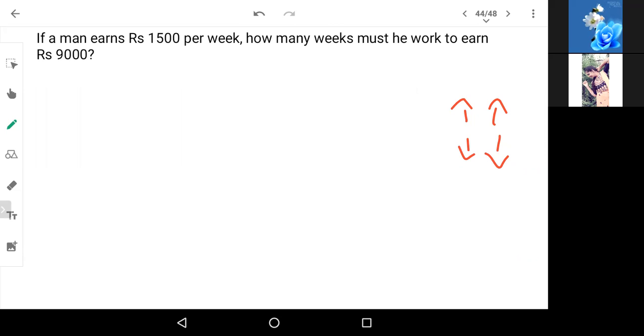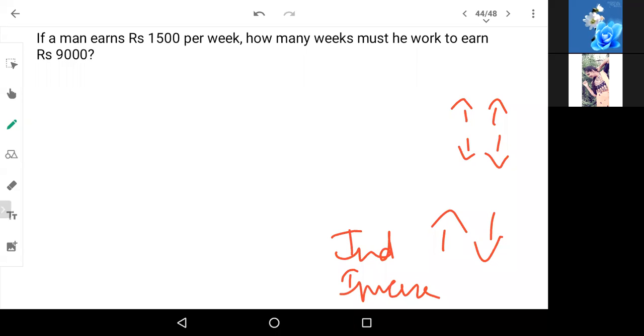Rida, it's not indirect. It is a direct proportion. Ravi and Bindu, your answers are right. If one increases, the other increases. If one decreases, the other decreases. It's a direct proportion. If one increases and the other decreases, this is indirect or inverse.